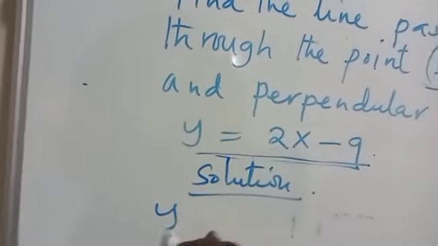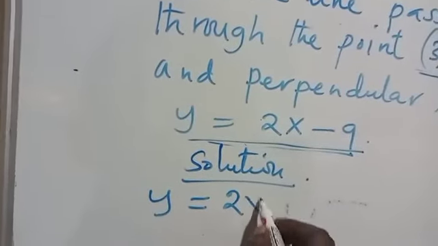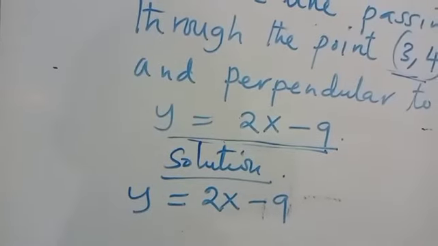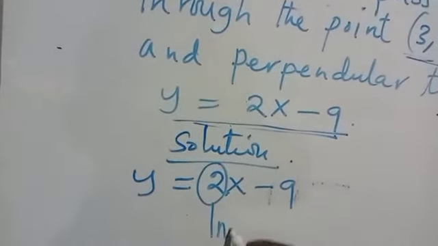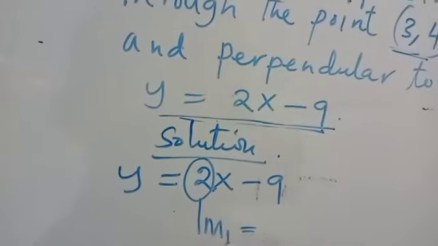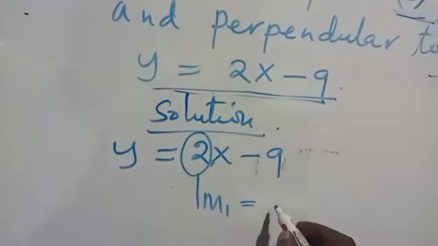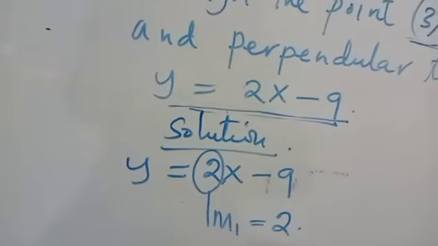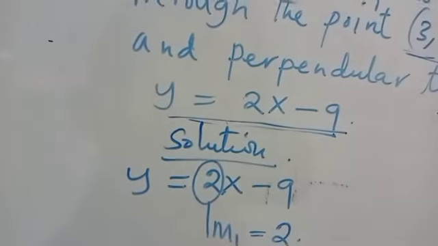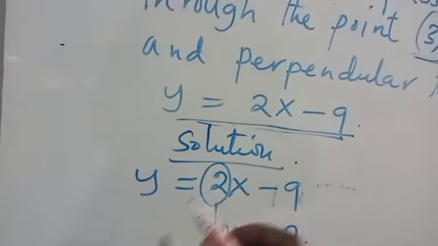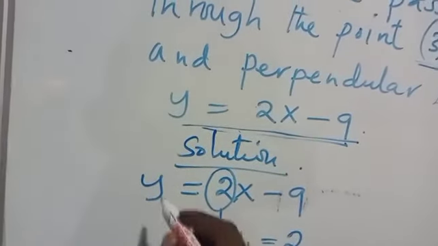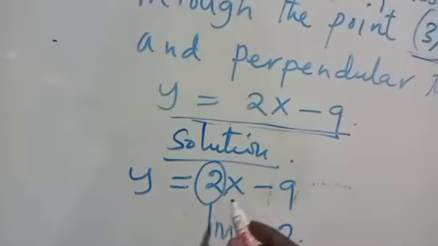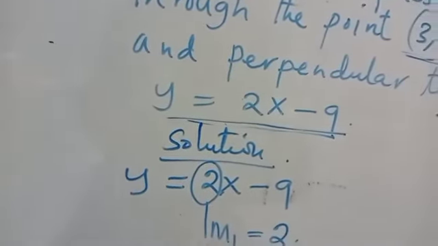So we say solution. We have our equation, which is y equals 2x minus 9. Here we can identify directly the slope for line 1, which is m1 equals 2. Sometimes you may be given an equation which requires you to solve for y, or to make y the subject, in order to identify the slope.